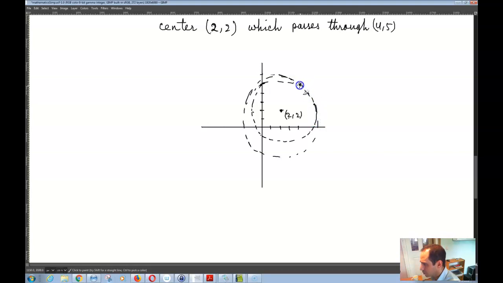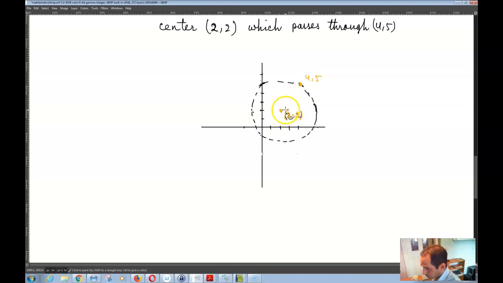I apologize for the messy circle, but I'll take care of it. Okay, so this is your circle. 2, 2 is your center and it goes through this point, which is 4, 5.